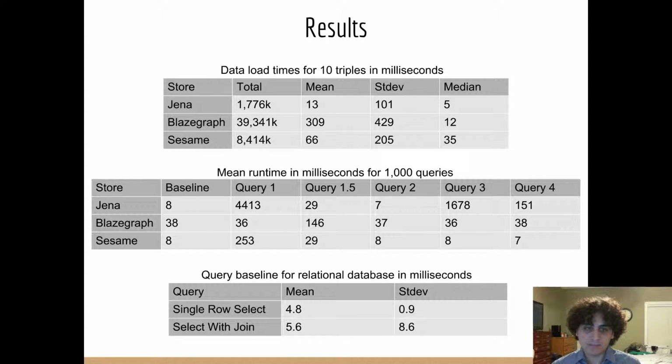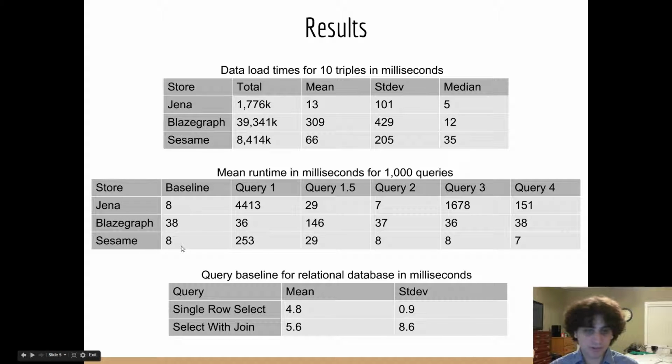However, Jena and Sesame both had major problems with the optional keyword, and so Query 1.5 was another version of that query written without the optional keyword. However, because of that, it had to run 4 queries. So if you take the number here and divide it by 4, you'll see the runtime of each individual query, which is closer to 7 or 8, and yet again for BlazeGraph, just over 30.